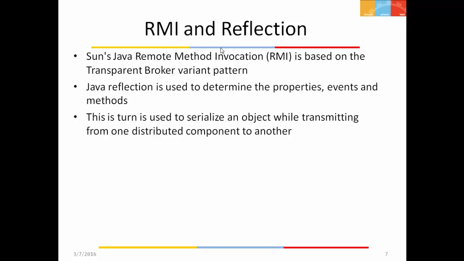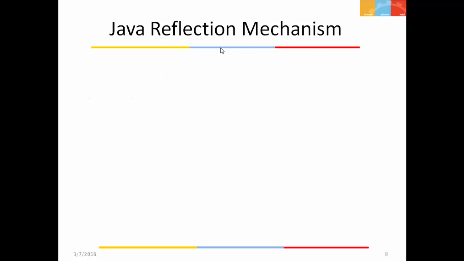In other words, it queries what type of object it is, what the properties are, what the methods are, the different class variables. All this information is obtained from Java reflection, and that information is stored as a serialized object. Let's look at the Java reflection mechanism in more detail.